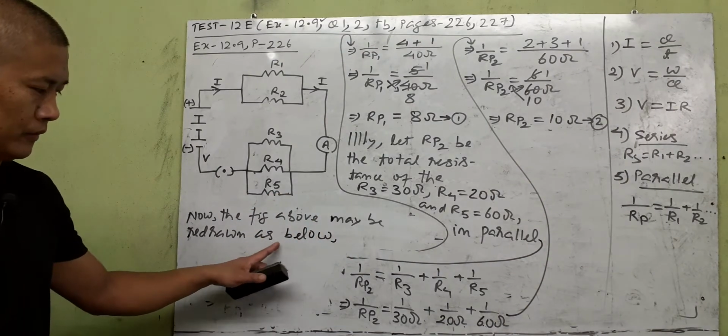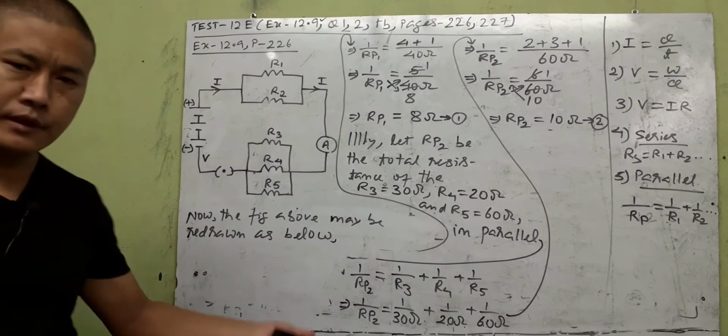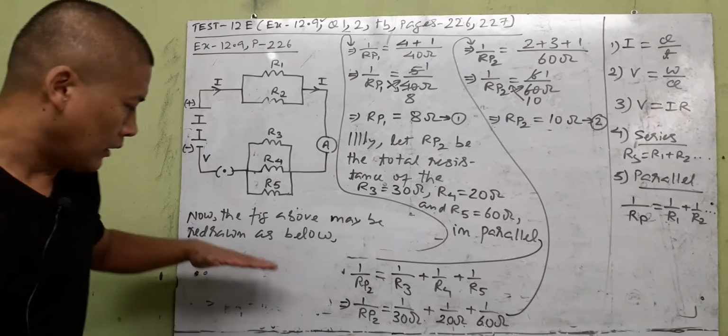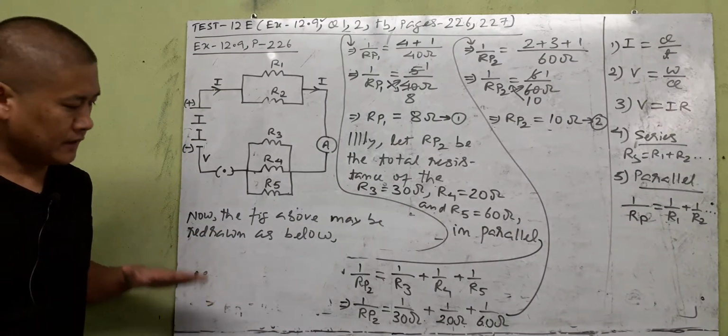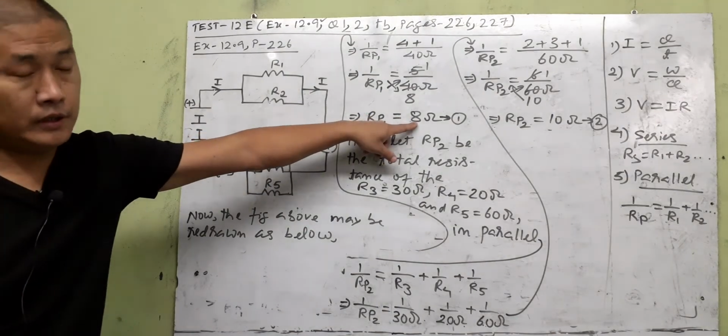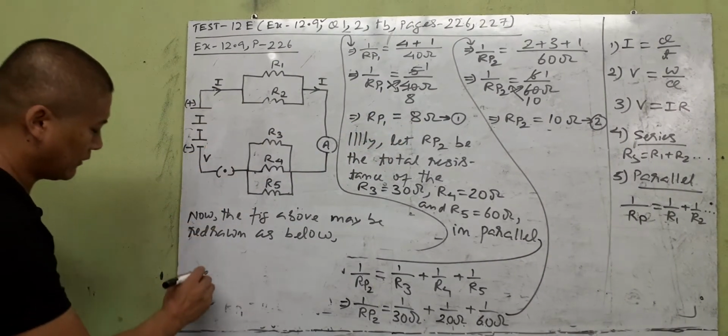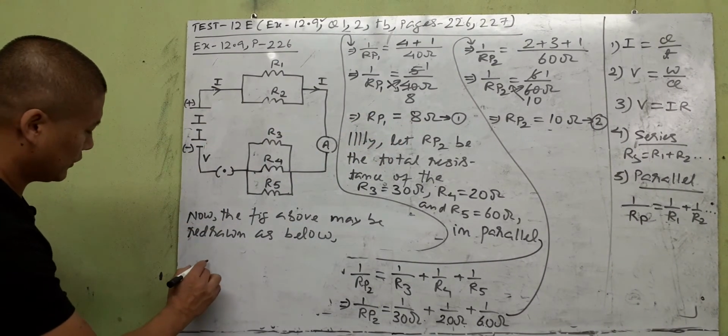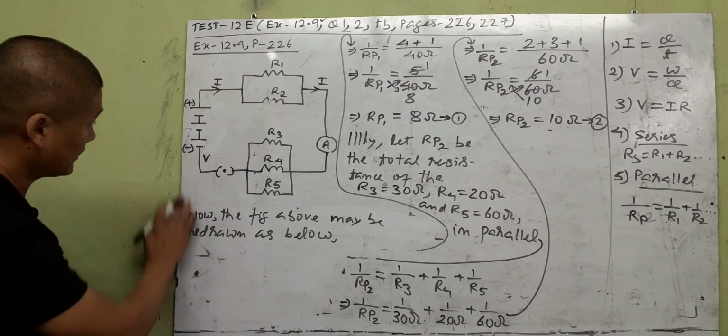Now redrawing like this is not necessary, but it really helps us to understand. That's why we're redrawing it. So these two combined has become a single value 8. So we're going to represent these two combined. The rest of the figure we will not change. So here the rest of the figure is same.